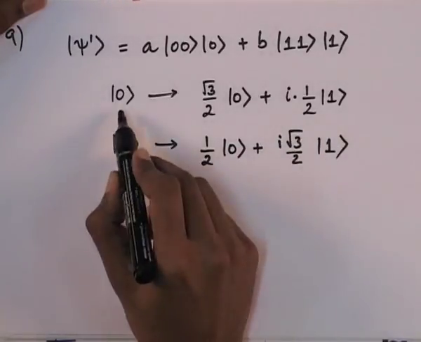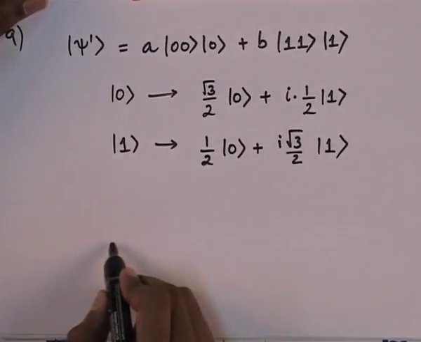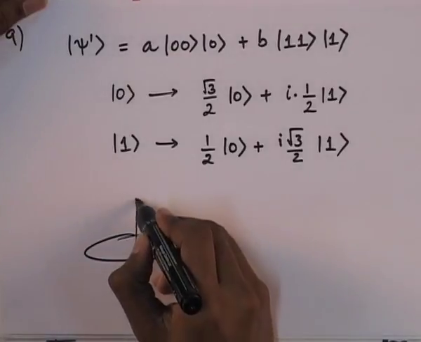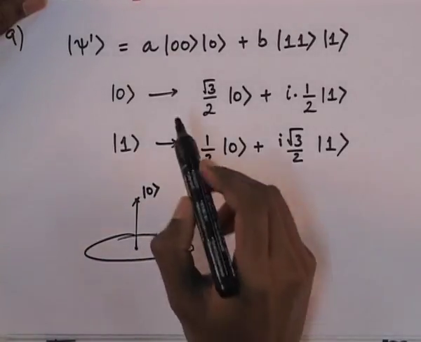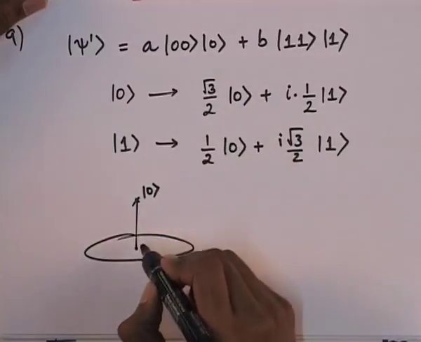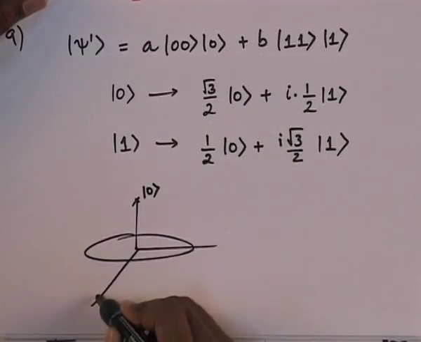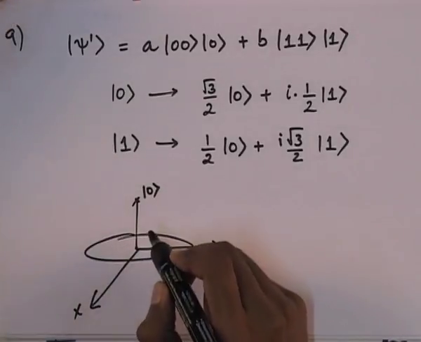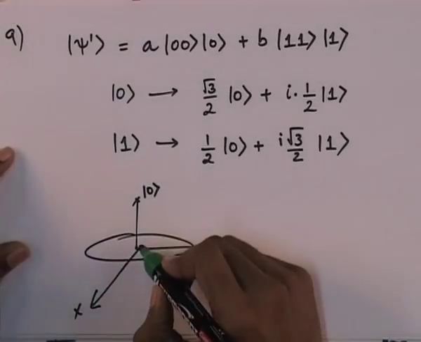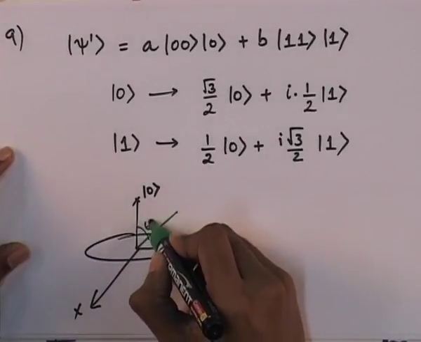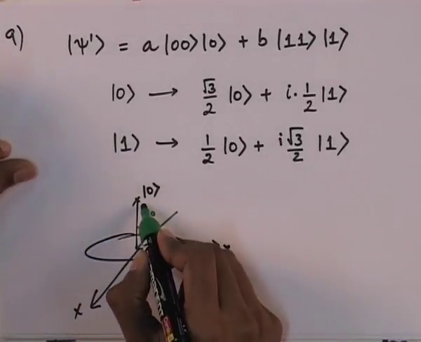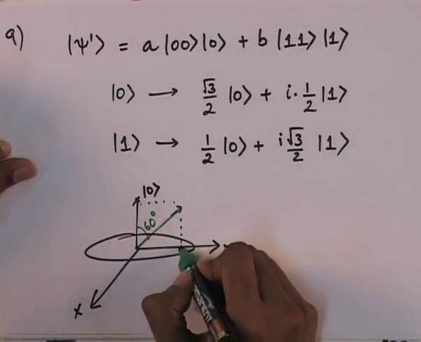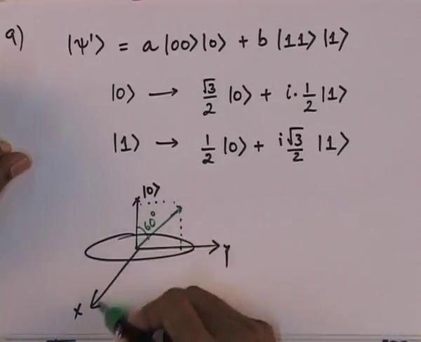For example, qubit 0 in the Bloch sphere, this position is qubit 0, as there is a rotation of 60 degrees, say this is x and y. A rotation of 60 degrees about the x axis.